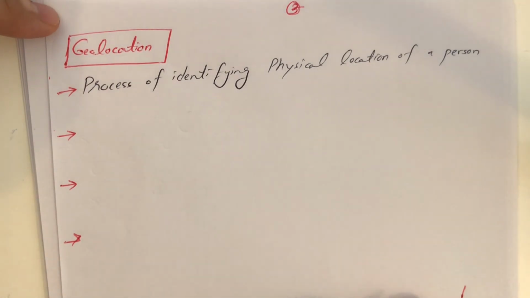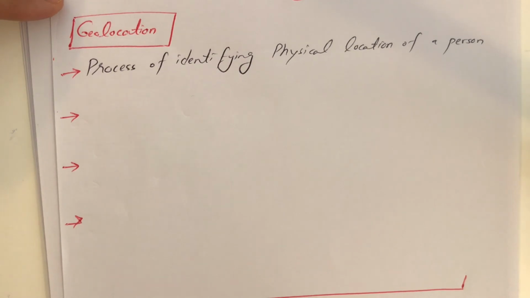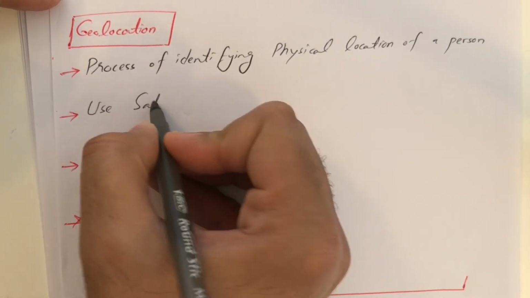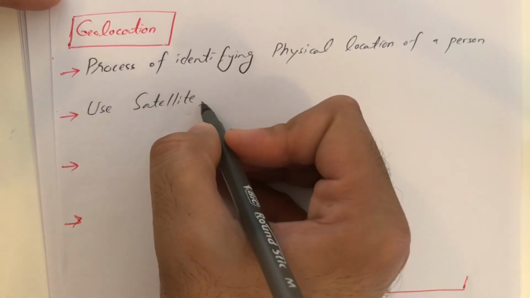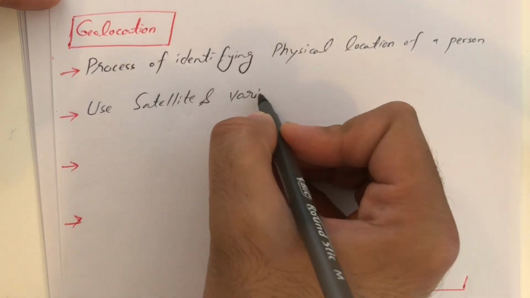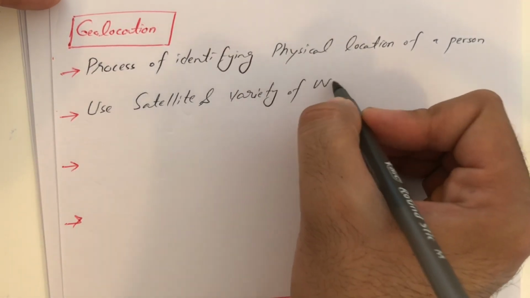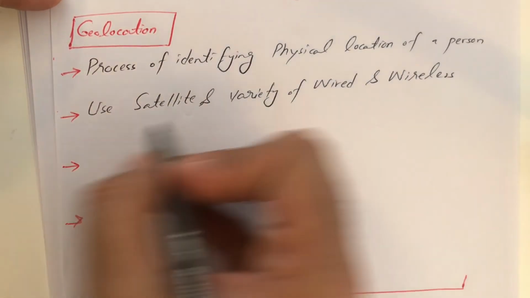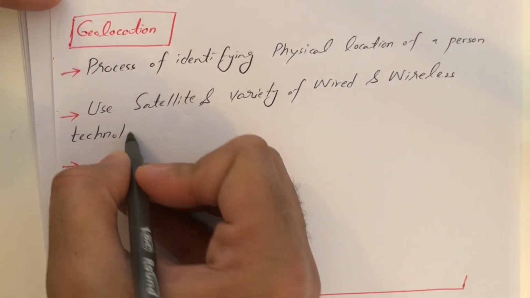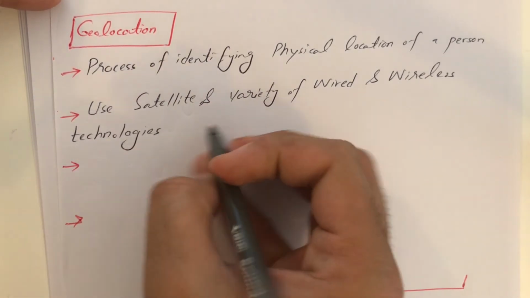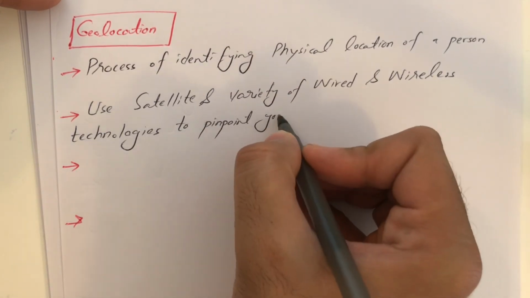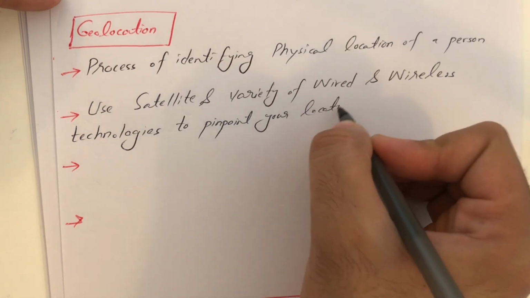Now, how can the exact location of anybody be calculated or found? Most geolocation software use satellite and a variety of wired and wireless technologies to pinpoint your location.